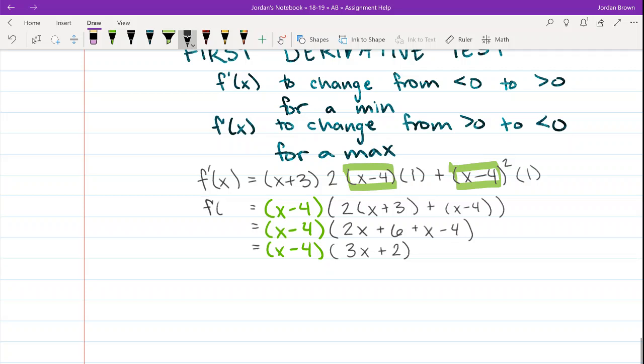So now what we're going to do is, we were leaving this as f prime of x all the way up until here when we say that it's going to equal 0. And once we say that it equals 0, we're going to get critical points.